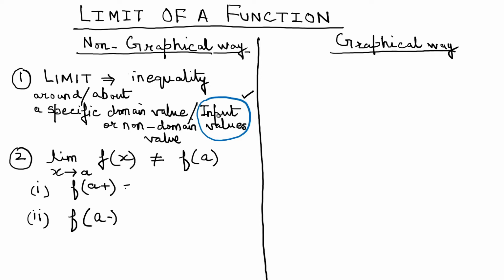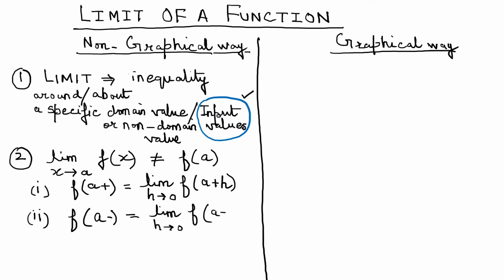So in this case, we can say this is nothing but limit of, let's say we introduce one more variable h tending to 0, wherein f of a plus h, and this becomes nothing but limit of h tending to 0, f of a minus h, which we call the right hand limit and the left hand limit.